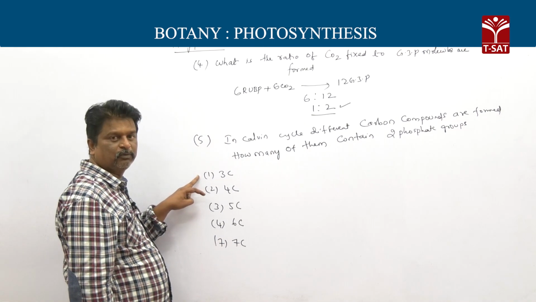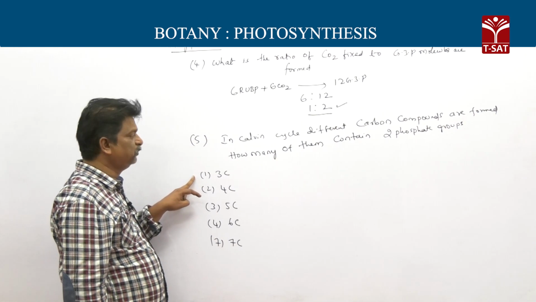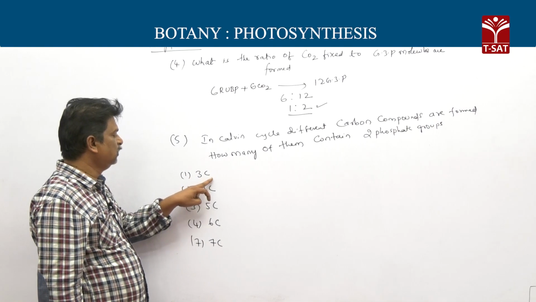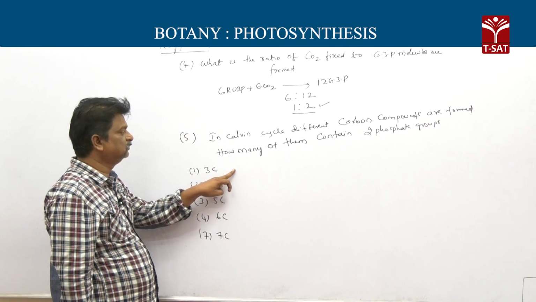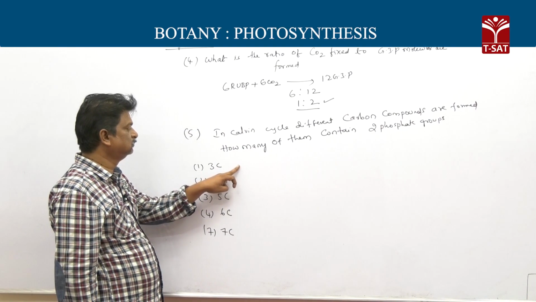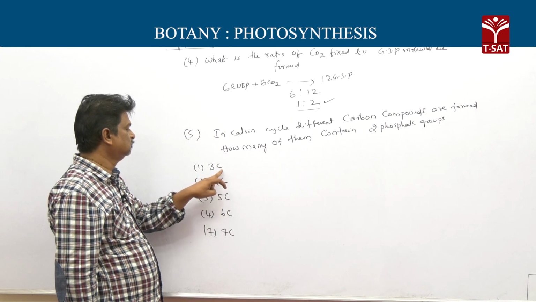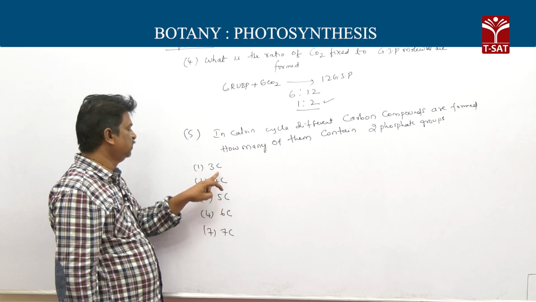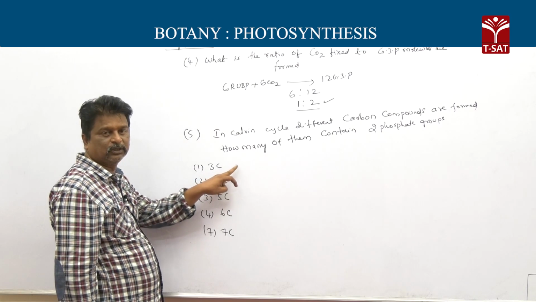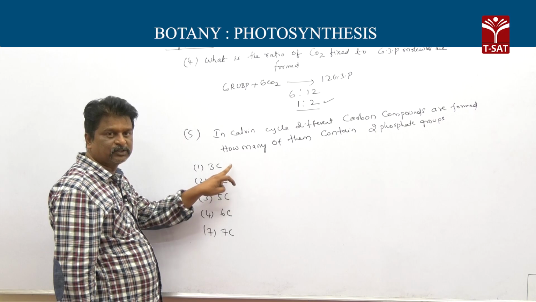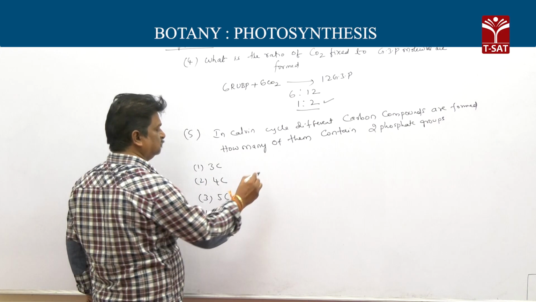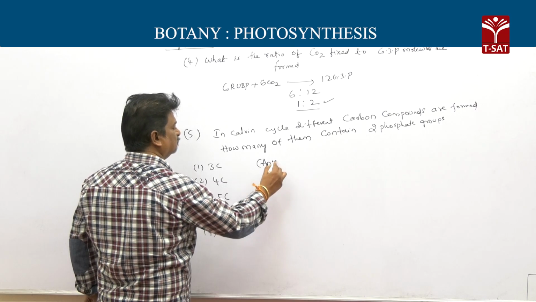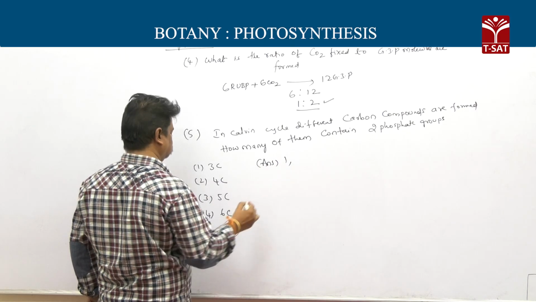So, 3 carbon, first PGA, then it forms 1,3-bisphosphoglyceric acid. So, it contains 2 phosphate groups. So, answer 1.